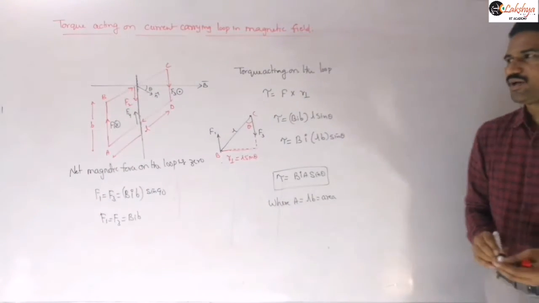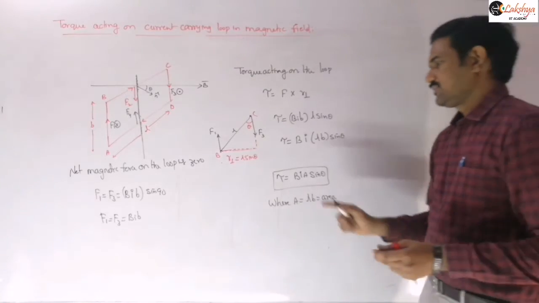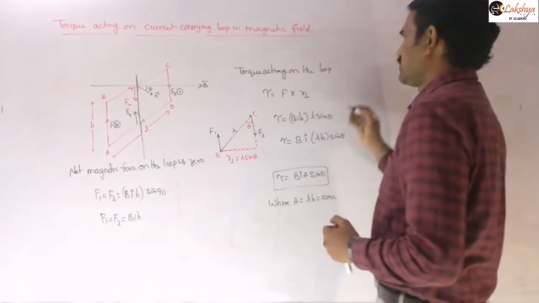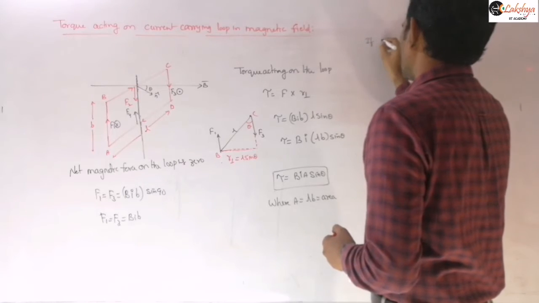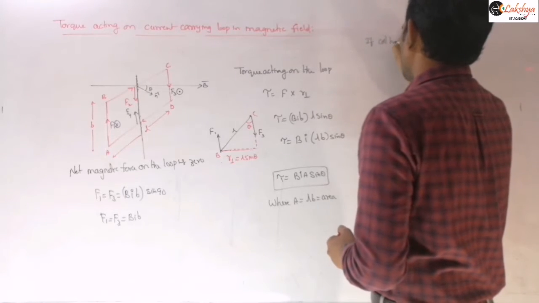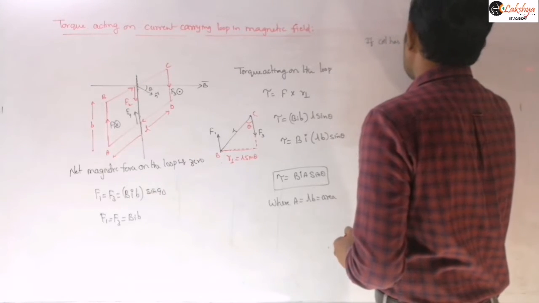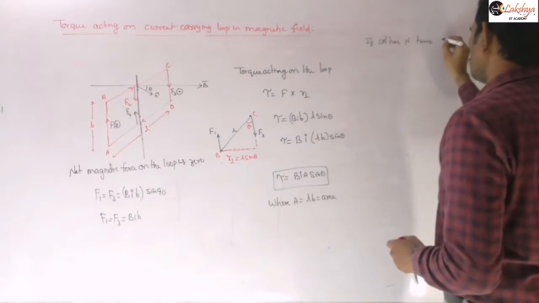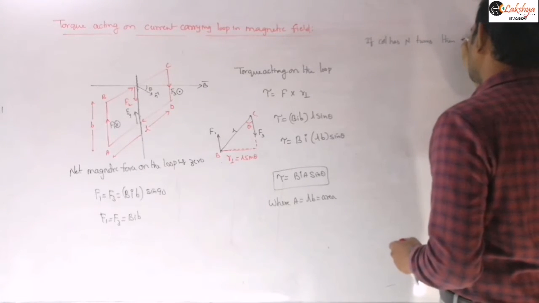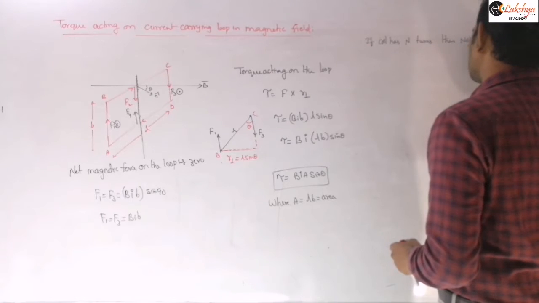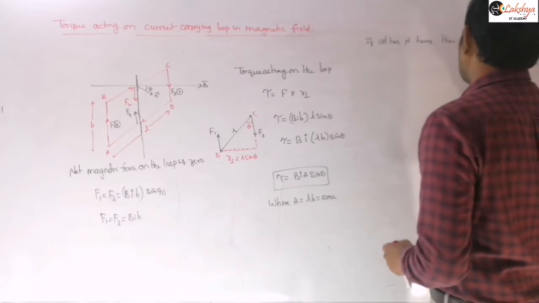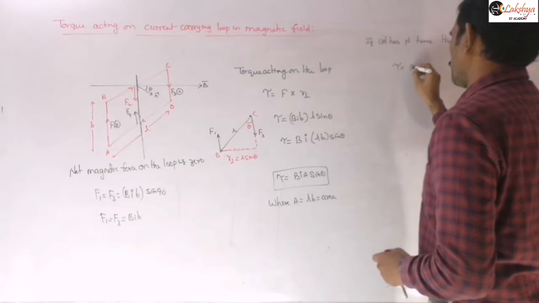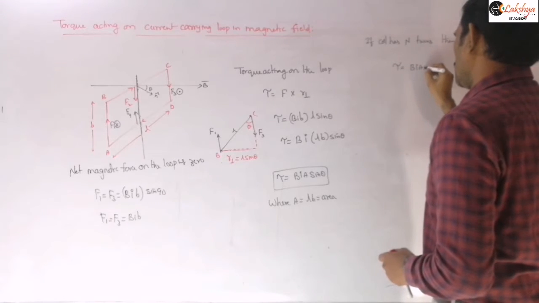Whereas this is only for a single turn. If the coil has n turns, if the coil has n number of turns, then the net torque tau is equal to BIAN sin theta.